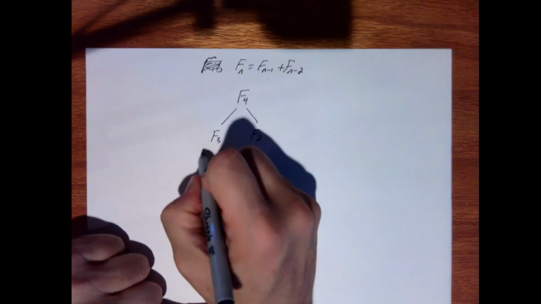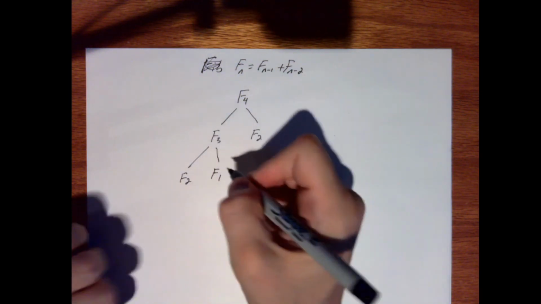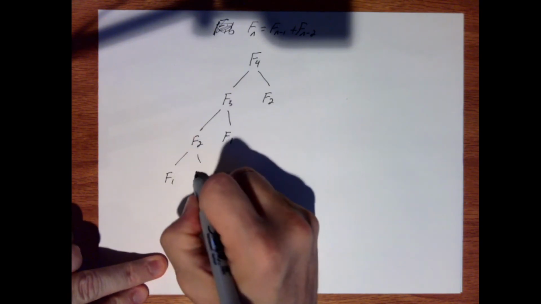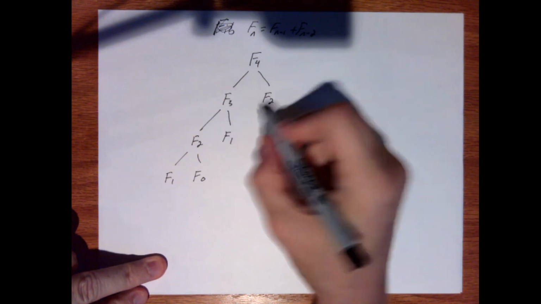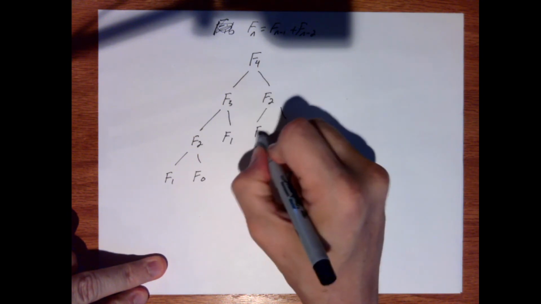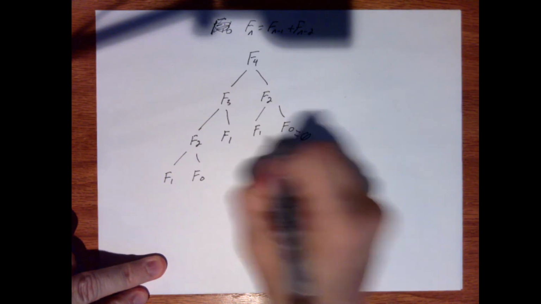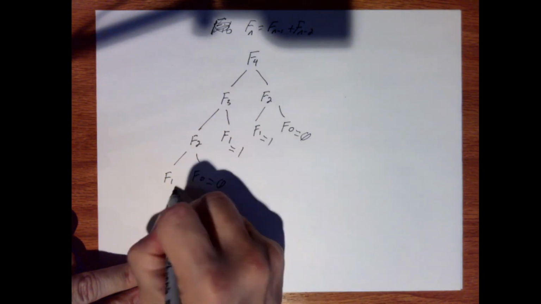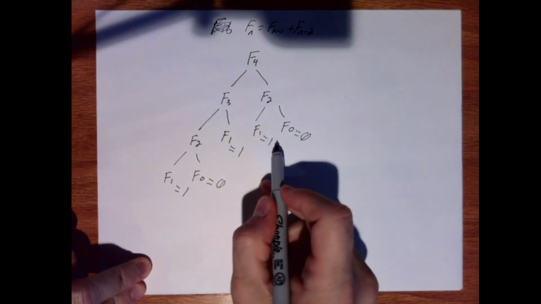But to get f of 3, I need f of 2 and f of 1. To get f of 2, I need f of 1 and f of 0. And then right here is another f of 2, so that's different. So this one also needs f of 1 and f of 0. And then these values are, this is 0, this is 1, this is 1, 0, 1, and so 1 plus 1 plus 1 is 3, which is the answer we got.